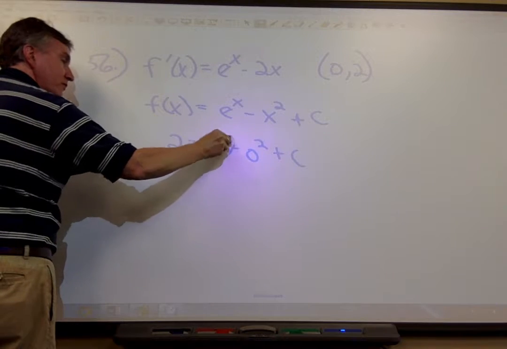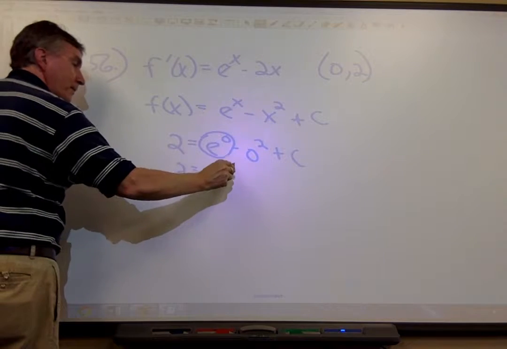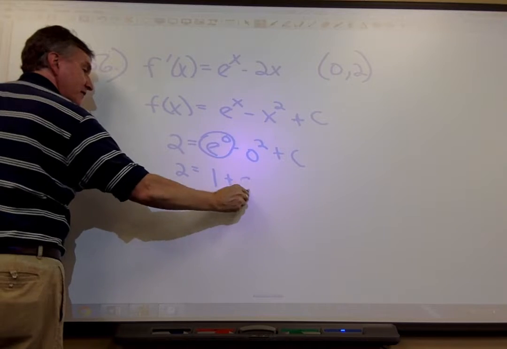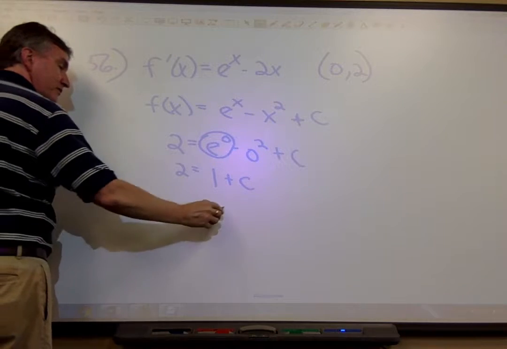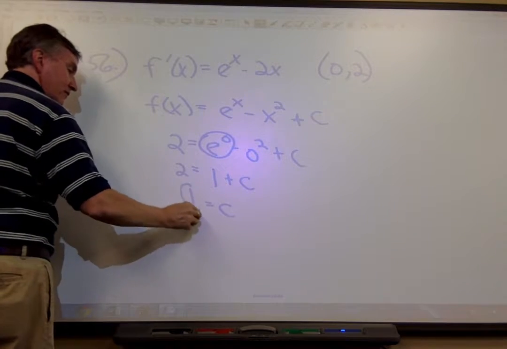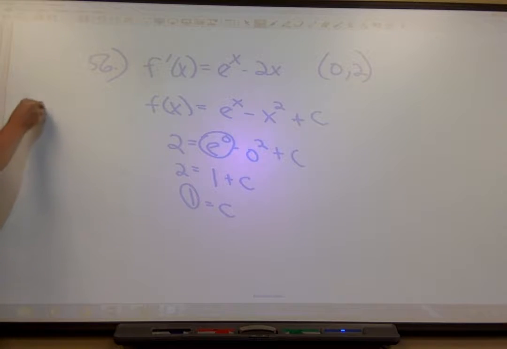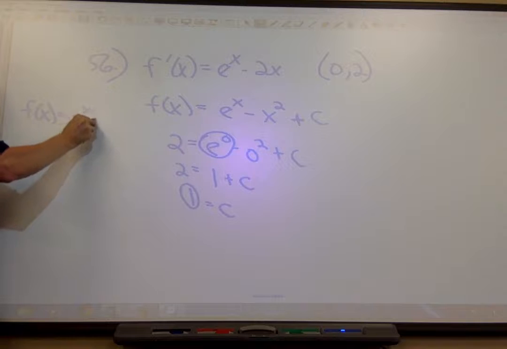What's this? 1 minus 0 plus c. So what's c? Good. So what's my f of x that I would write down as my answer? e to the x minus x squared.